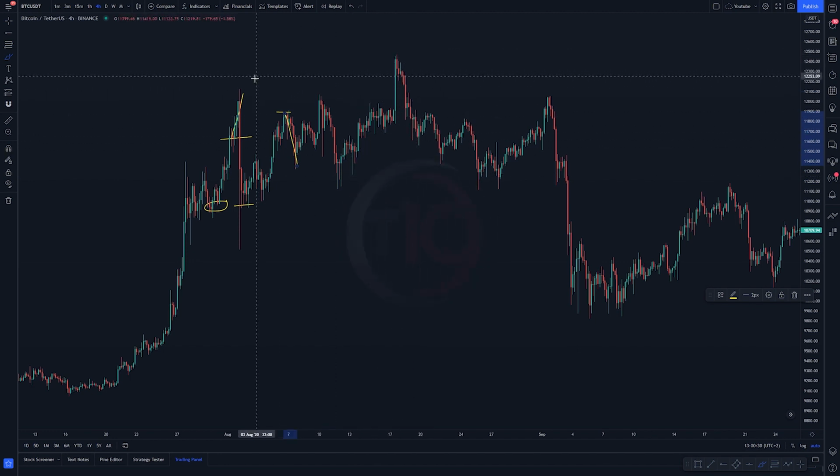As I have said before, just making a new high doesn't have to mean that we will go higher. So every time price is making a new high, I will be looking for a potential reversal setup. See, even here, what they did here is actually quite the same as what they are doing here now.